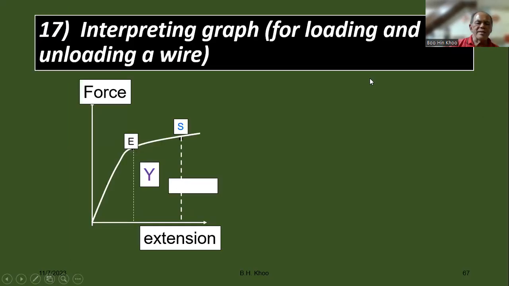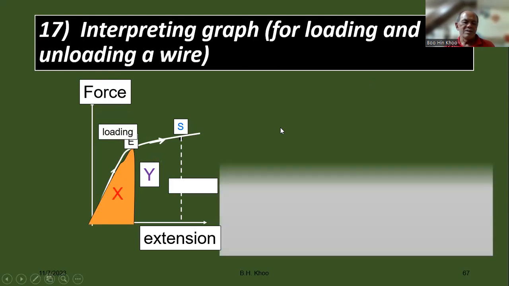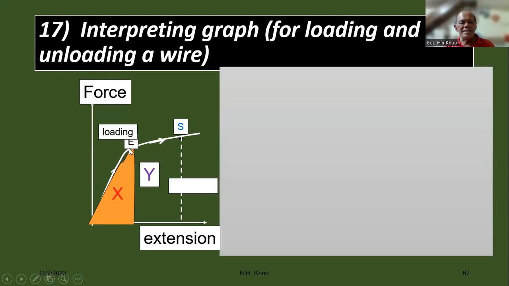Okay, interpreting the graph for loading and unloading a wire. We look at ductile material, force against extension. This is loading. The arrow shows we are adding load, we are adding weights. So what is X? E is the elastic limit.